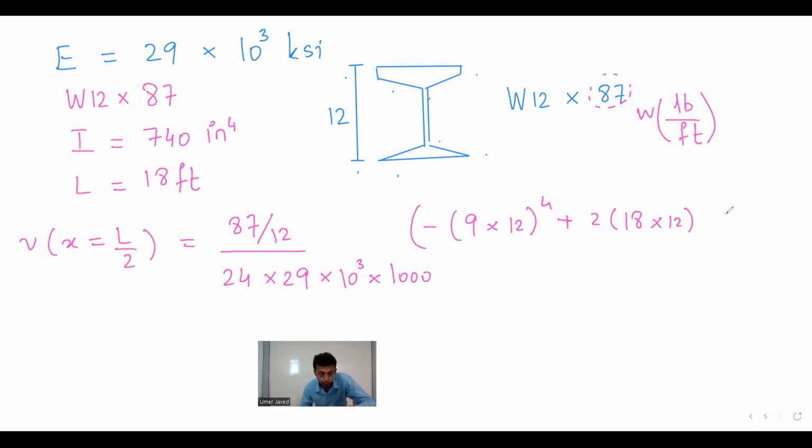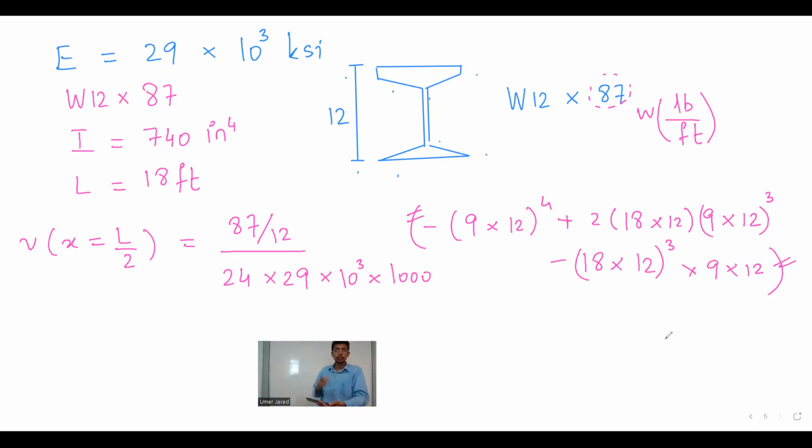Then I have a 9 into 12. Minus 18 into 12 power 3 into 9 into 12. Just double check yourself. Again, I asked you to give me v at x equal to L by 2. You did not. You have to get the expression and then substitute the values.